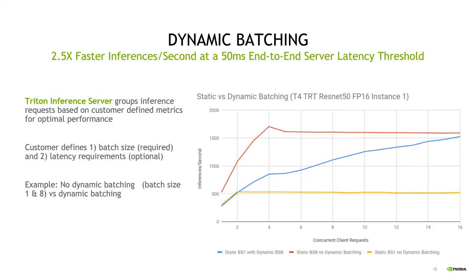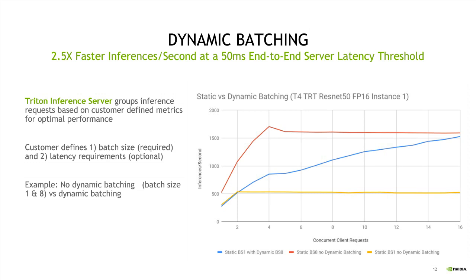With dynamic batching, here's a performance comparison. If you have no dynamic batching and the incoming batch size is 1, then the yellow figure relates to this situation. The ResNet 50 inference can have about 500 throughput. And if the incoming request is of batch size 8, meaning a static batch size of 8, and we also don't have dynamic batching, the red figure relates to this situation, and the throughput might be over 1,500.